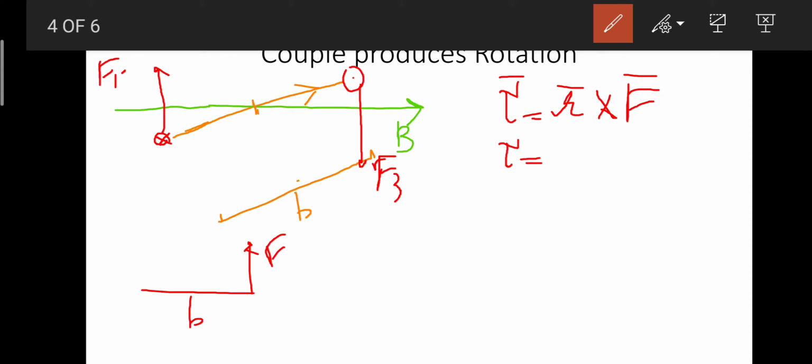So for this reason, what are we going to do? As you can see here, in this situation, I observe how we are going to calculate this couple arm. So I'm going to resolve my B vector into its components. Now if I resolve it into its components, they can be drawn like this.